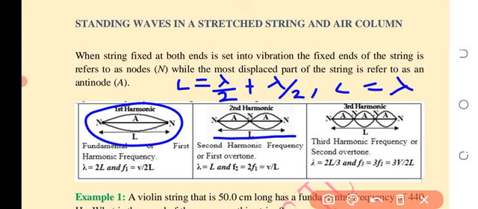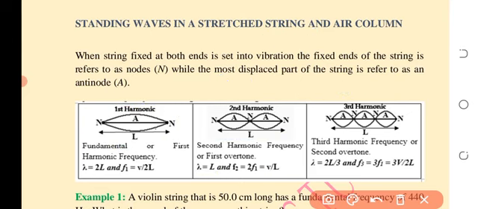So, that is where this one is coming from. And from this one, we know that easily we can say that our lambda, we can say our frequency will be equal to V over L, from V equal to F lambda.